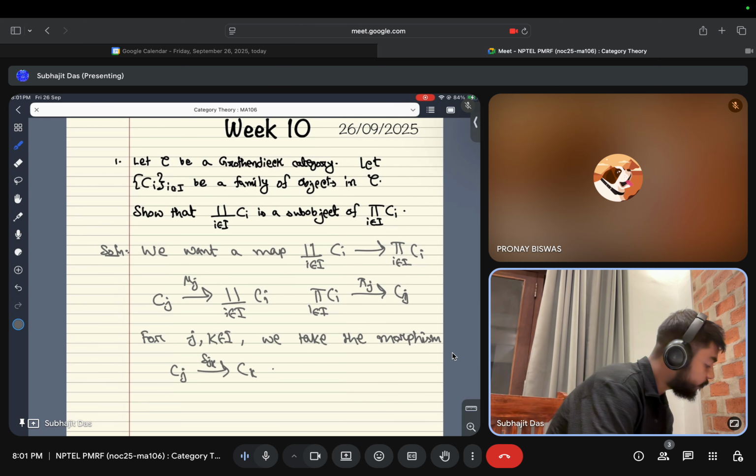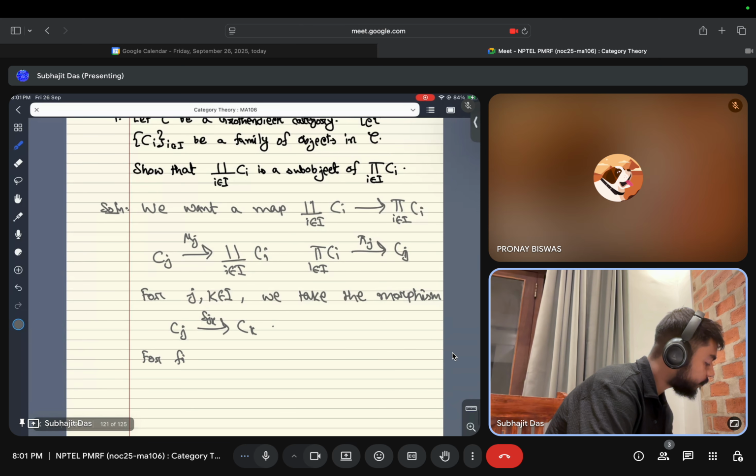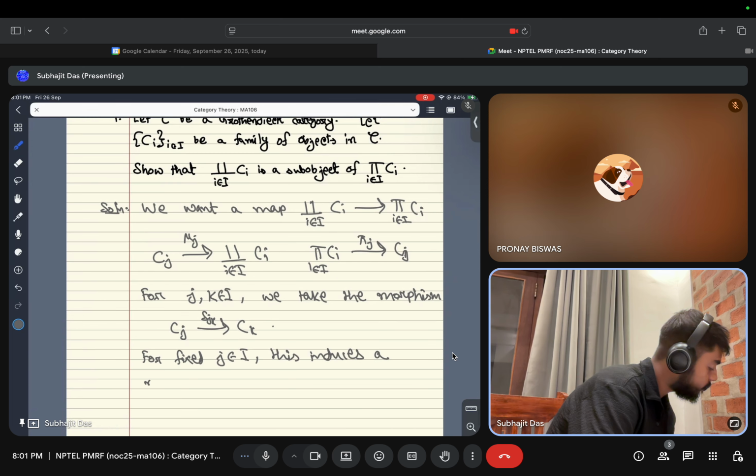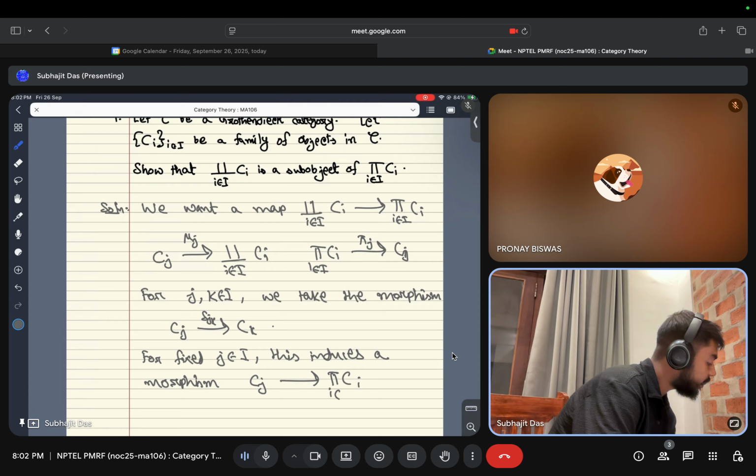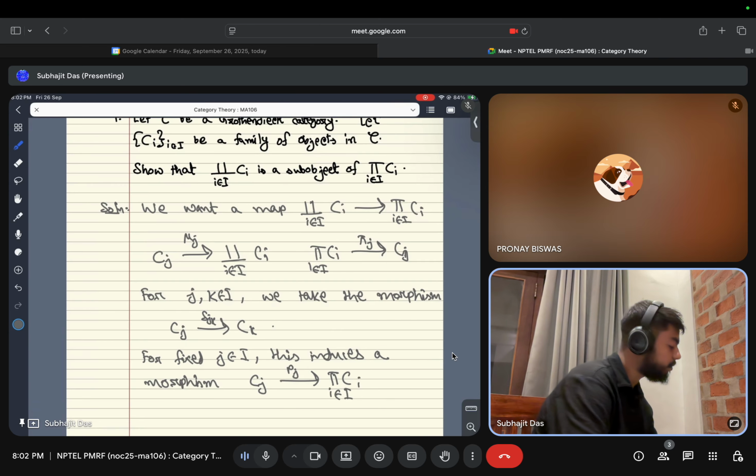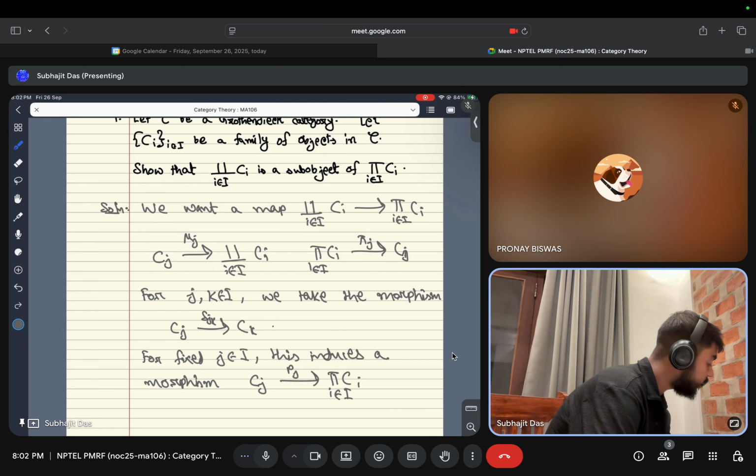Now keep j fixed. This induces a morphism from Cj to the product of the Ck's, or let's say the Ci's, i in I, call it Fj, let's say.